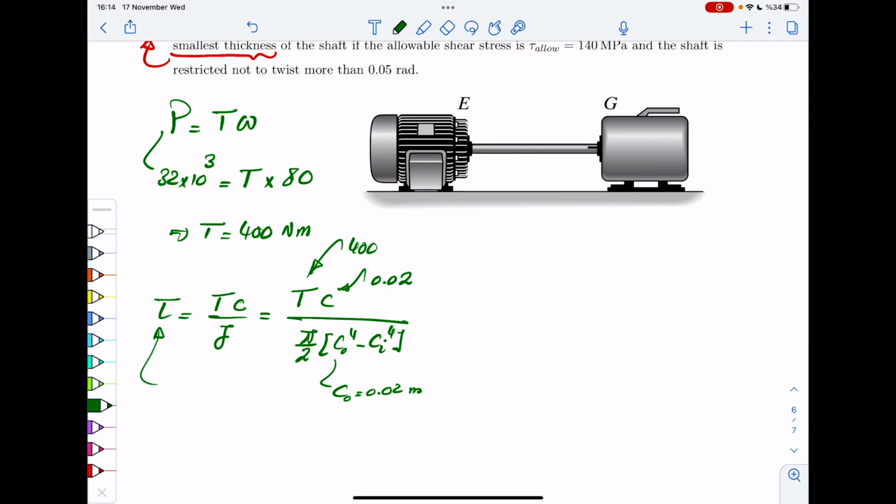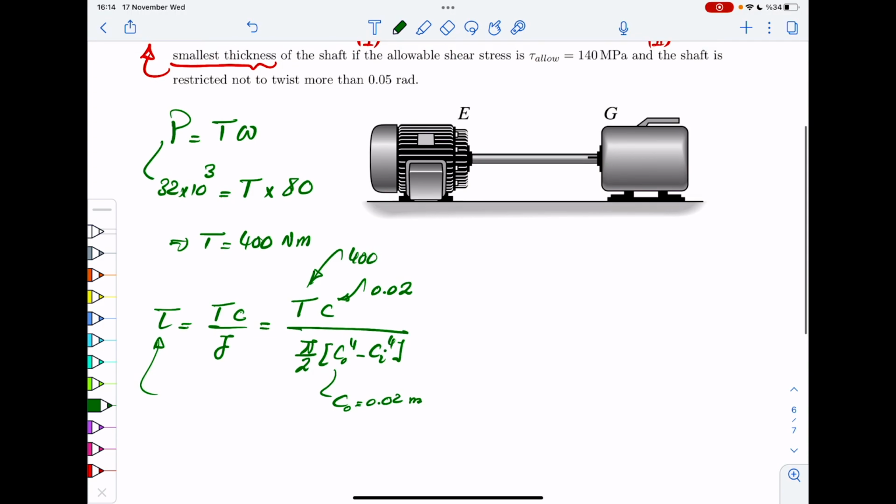We are having a limit for tau that's 140 megapascal. So we want this thing to be less than 140 megapascal. Okay?